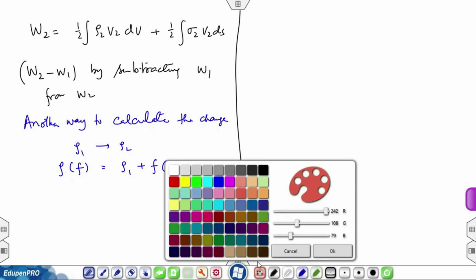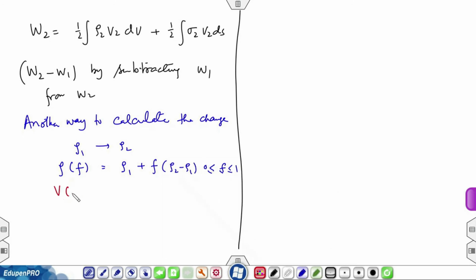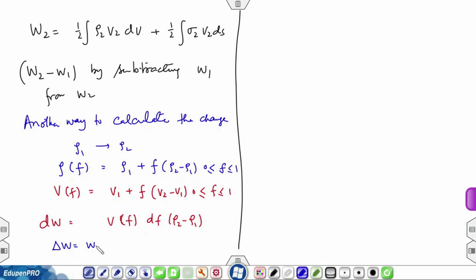And consequently, the potential will also be along the way equals V1 plus f times V2 minus V1, f again being between 0 and 1.